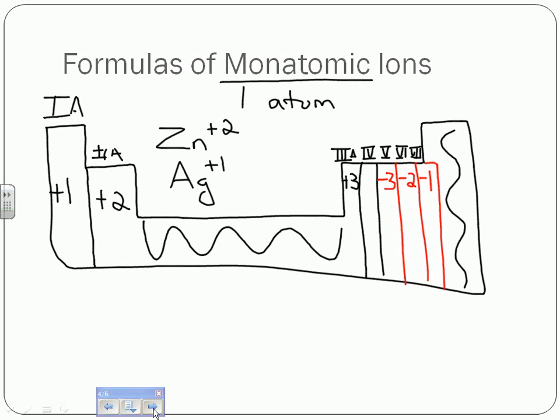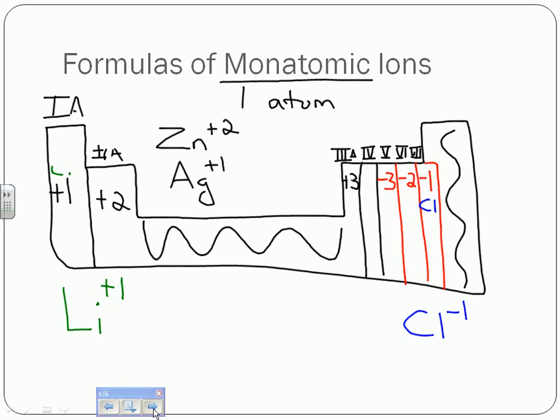As an example, the element lithium is in column 1A. If we were to look at the most likely charge of an ion containing lithium, since it's in column 1A, it would be a plus 1 charge. If we take a look at an element like chlorine, which is in column 7A, the most likely charge of an ion of chlorine is negative 1.